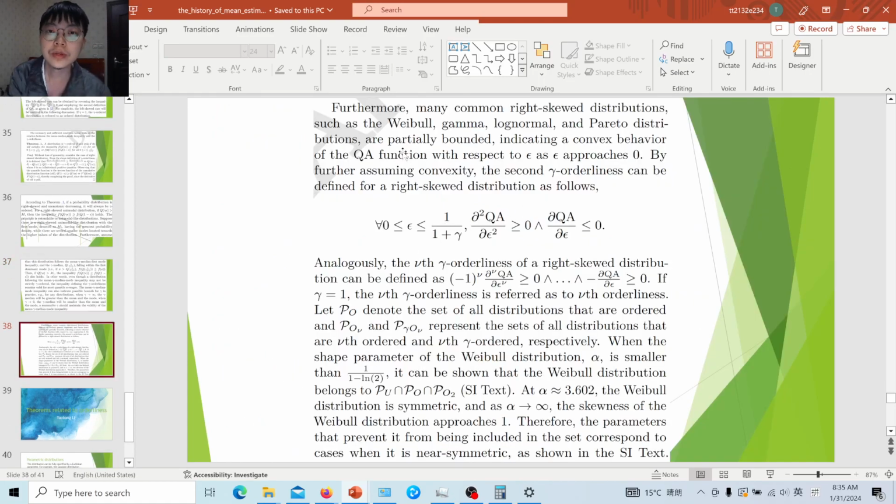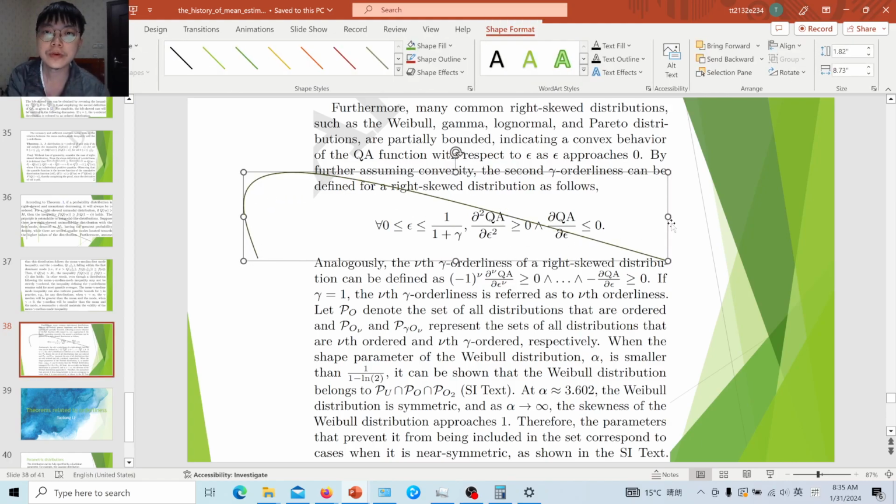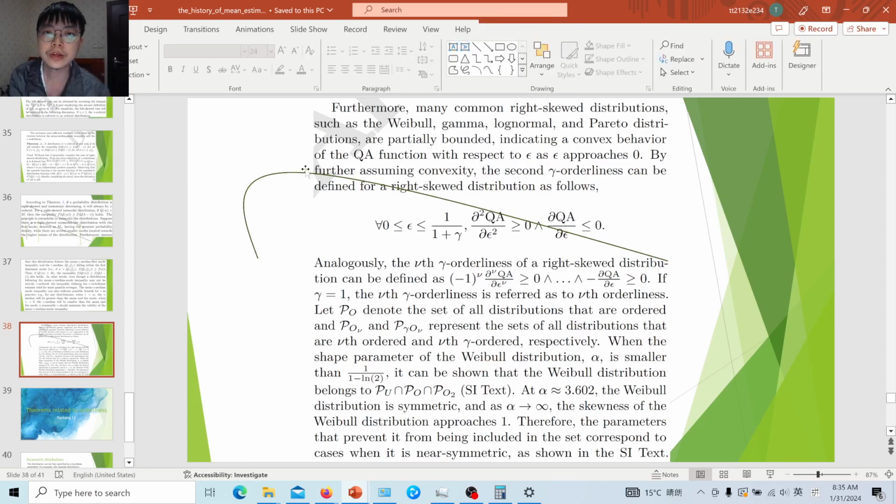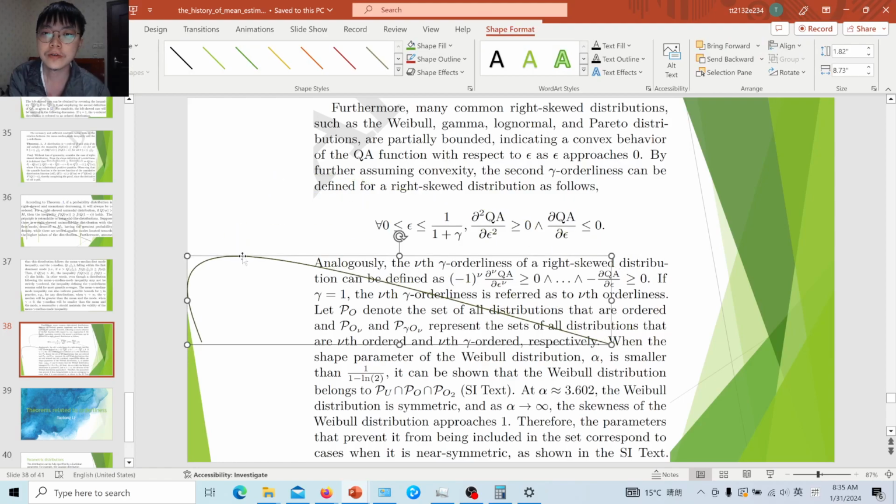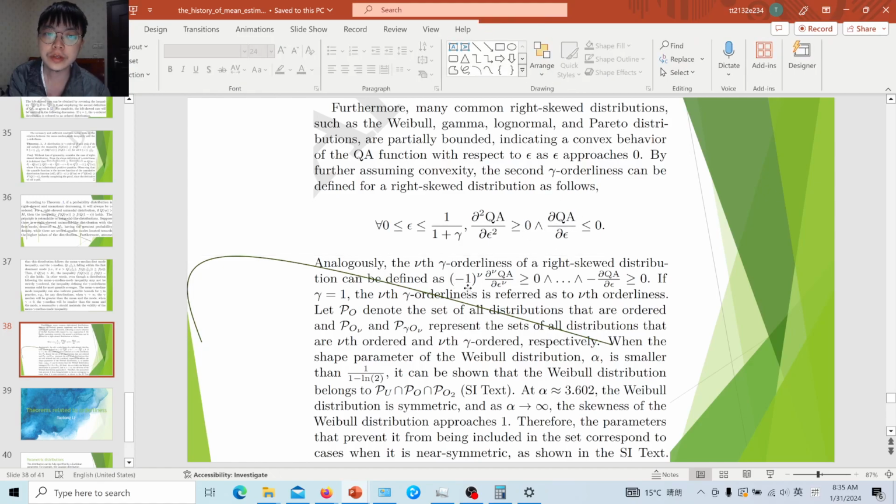Furthermore, many common right skew distributions are partially bounded, which indicates a convex behavior of the quantile function when epsilon approaches 0. So we can further consider the second derivative of the quantile average, and if we assume it is greater than 0, plus the first order ordering, then analogously the second order gamma ordering can be defined by this equation.